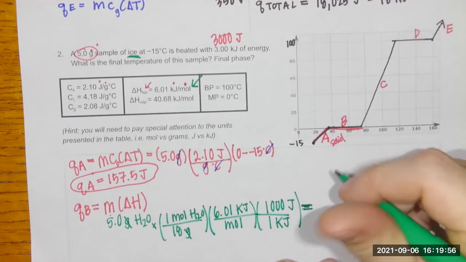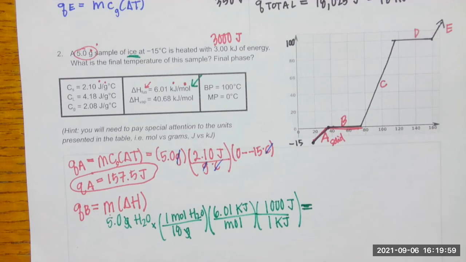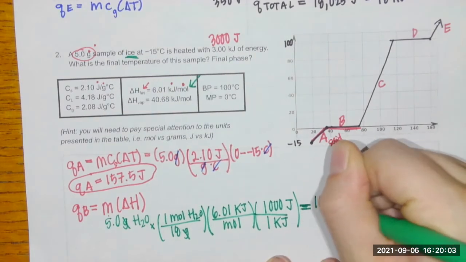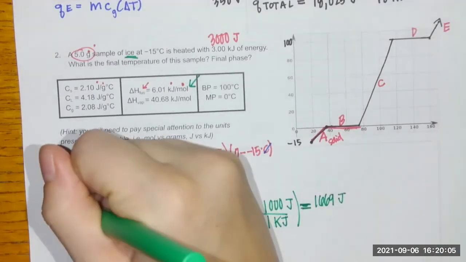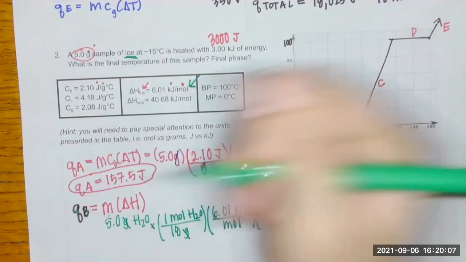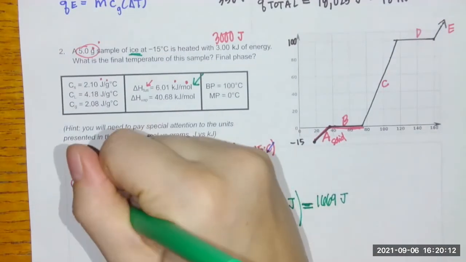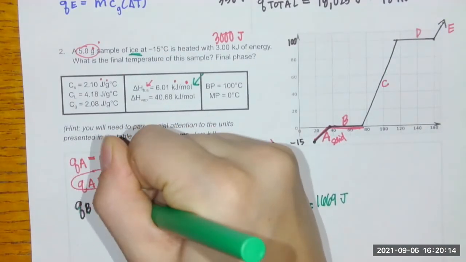It's 1,669 joules, and this is for QB, which I apparently did in green.